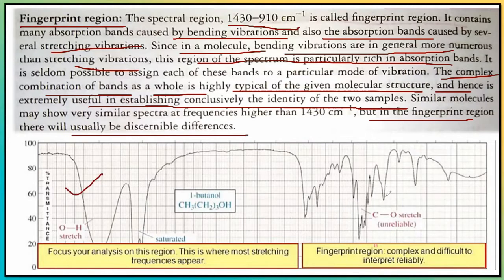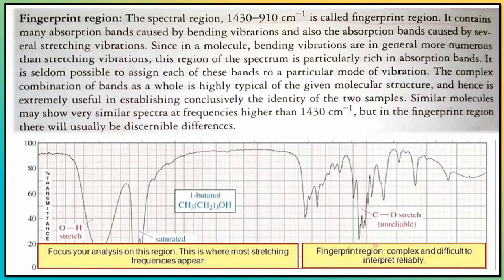After that, we have different peaks for the C single bond stretch, OH stretch, and CH2 stretch. Now, the fingerprint region is complex and difficult to interpret, so focus the analysis on the region where the maximum stretching frequencies occur. That particular region is called the fingerprint region.